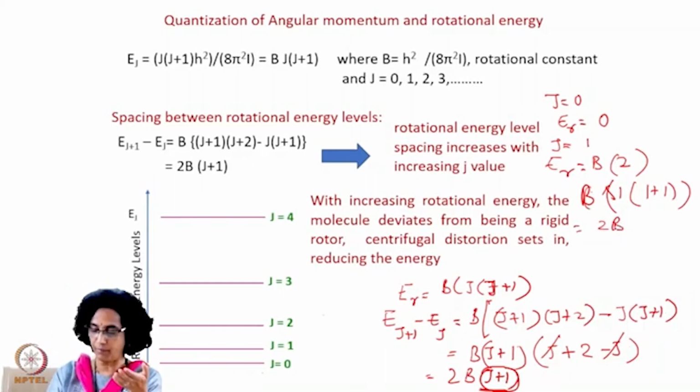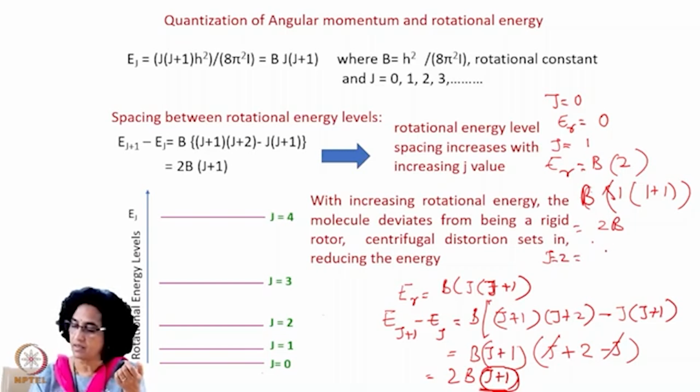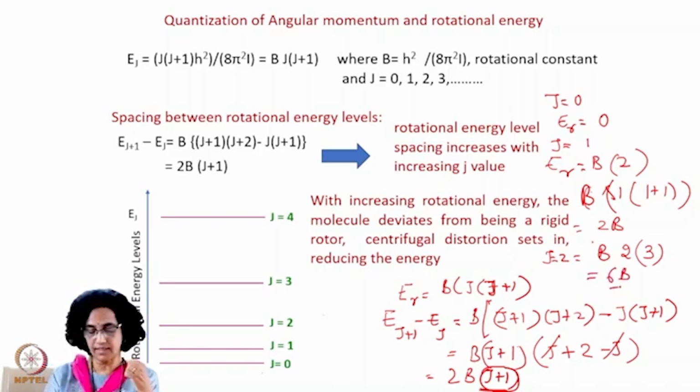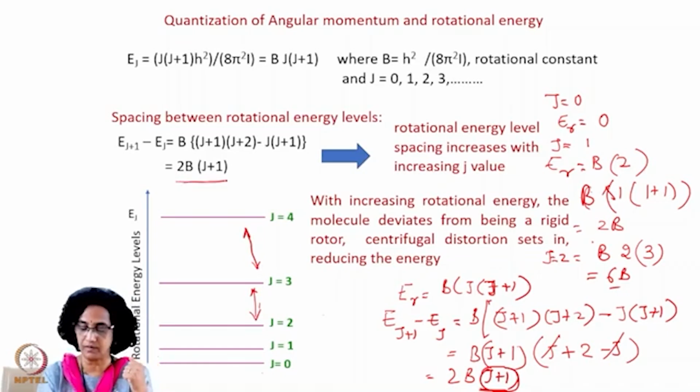Similarly, as you go up, for J equal to 2, it becomes B into 2 into 2 plus 1, 3. So that is equal to 6B. So you can see that the separation between the rotational levels is constantly increasing, and that spacing is given by 2B into J plus 1.